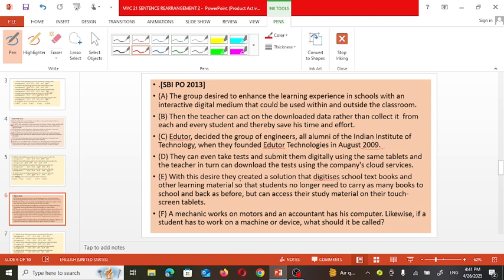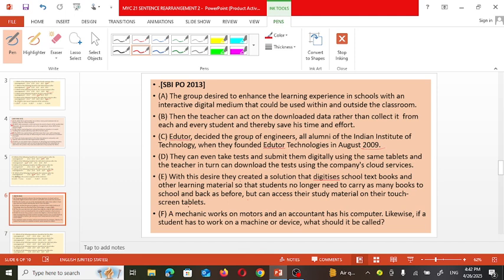Next, with the desire, they created a solution that digitalize school textbook and other learning material so that the student no longer need to carry as many books to school and back as before, but can access their study material on their touchscreen tablet.